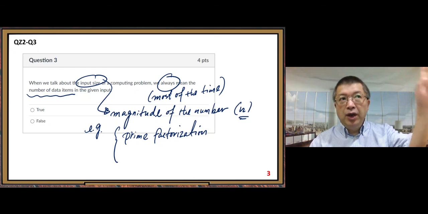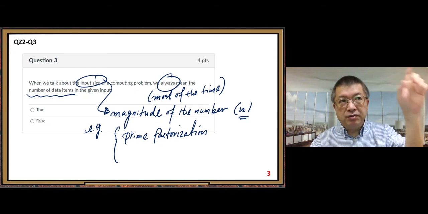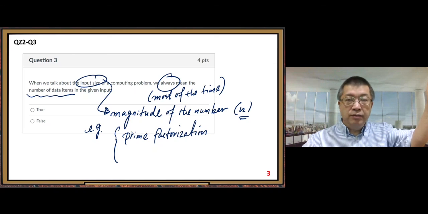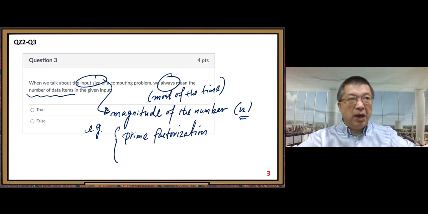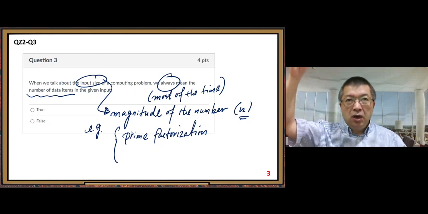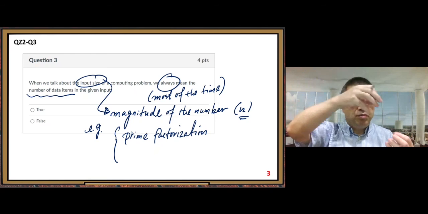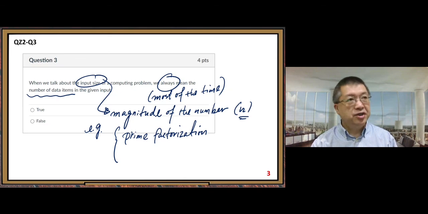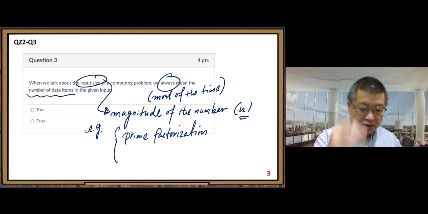Only one number. The number of data items is one, but its magnitude causes the problem to be harder when the size is large.